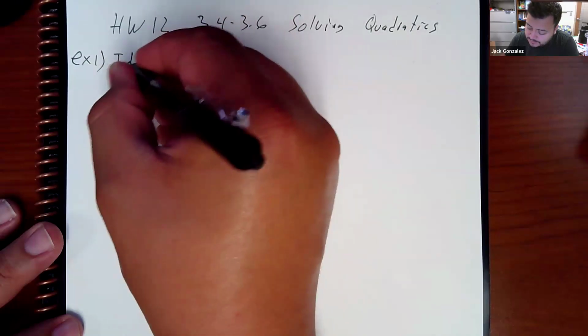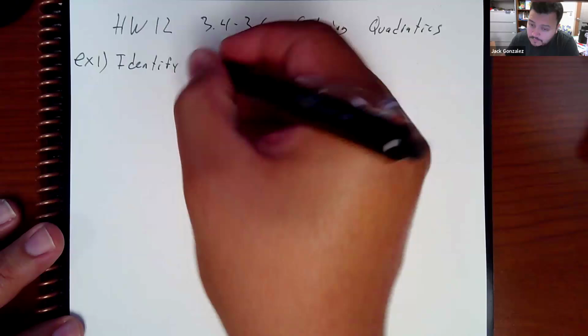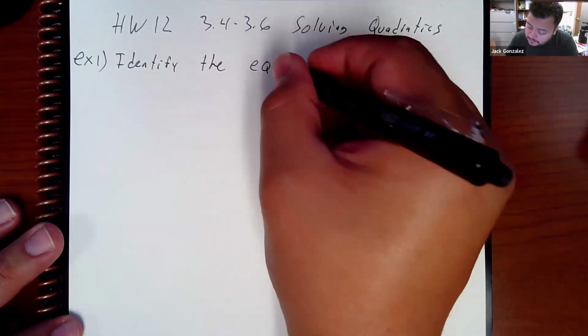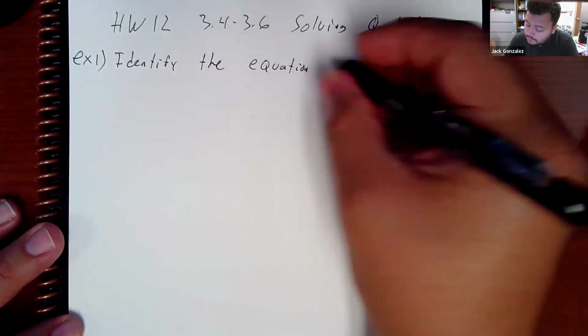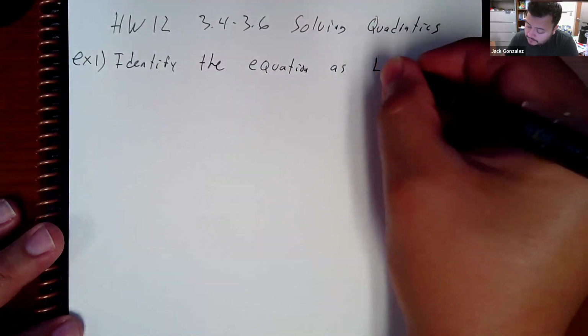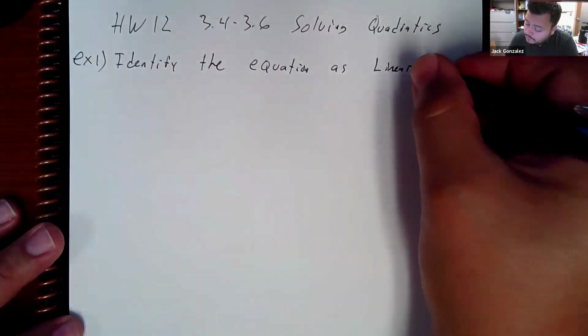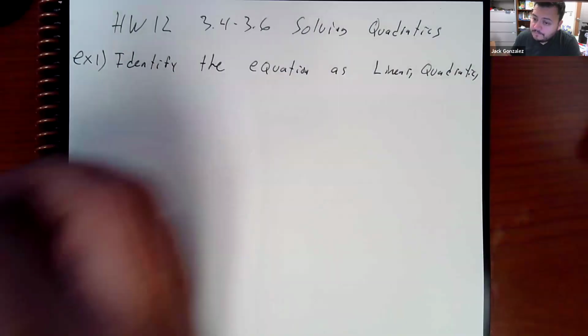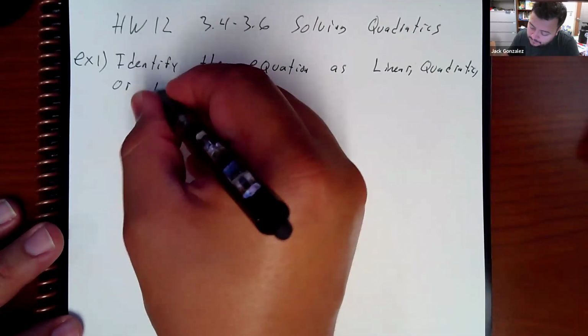So it starts off by just, can you identify the equation as linear, quadratic, or neither?